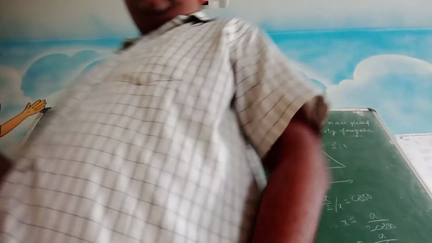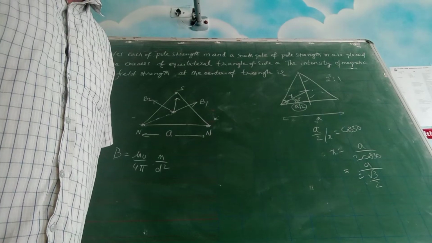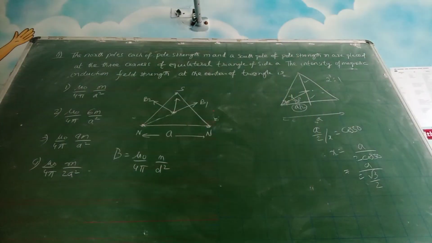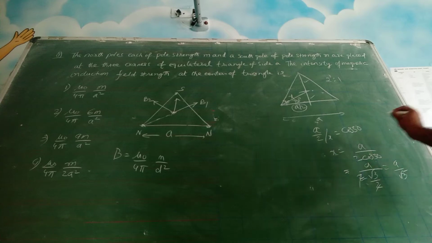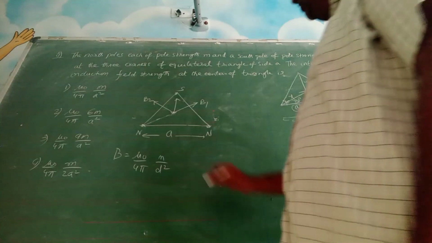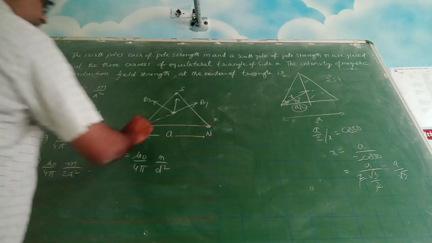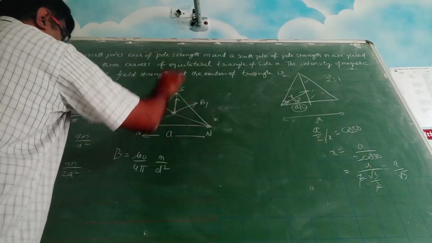Let me just pan the camera. I hope you are able to see that. So 2 to 1, it is A by root 3. This is what I was telling you. This distance is A by root 3, this distance is also A by root 3, and this distance is also A by root 3.